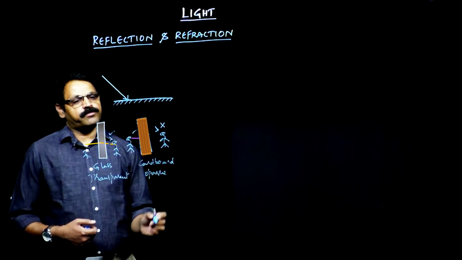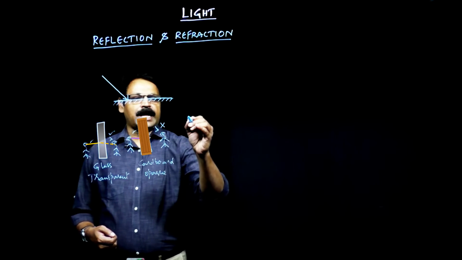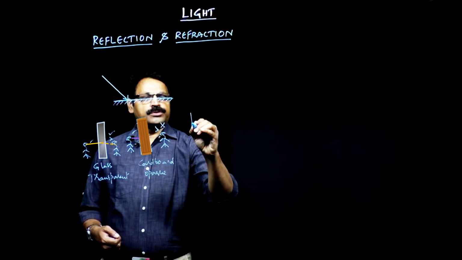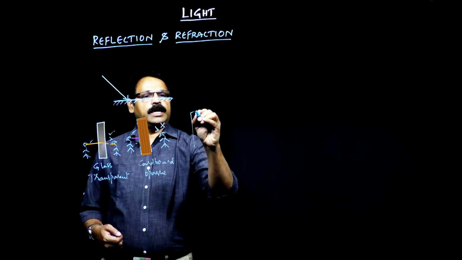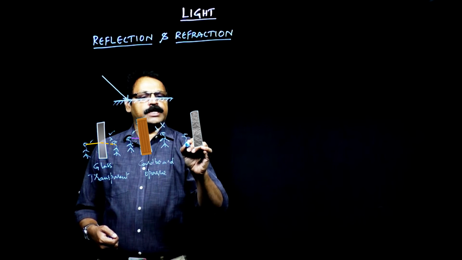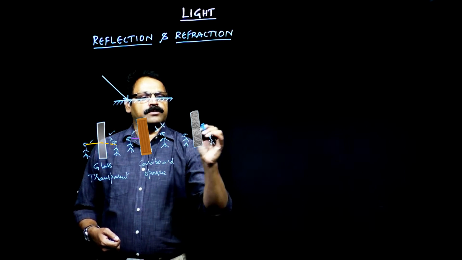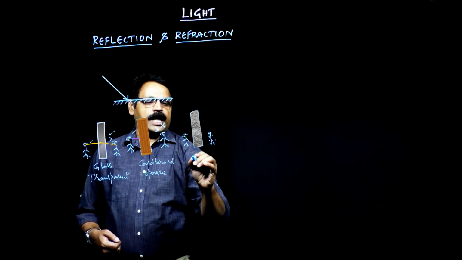And you also have one more type of material called translucent. Translucent is one where you can have a partial visibility of the body. That means you can see the object partially but not completely. So here it is called translucent.